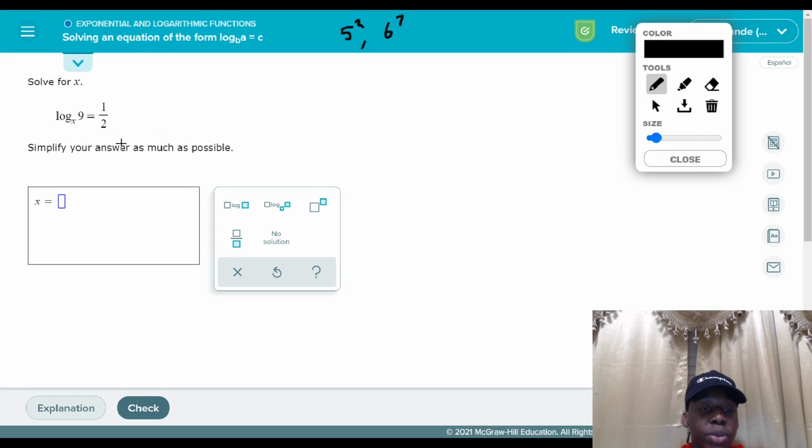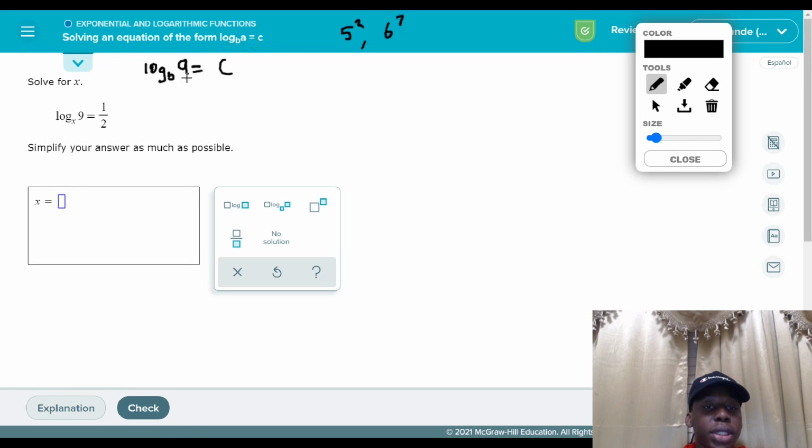Basically, we're going to use the exponential function based on logarithm functions to solve this question. So this is log x 9 equals 1 over 2. When you're solving this, let me put this: this is log b a equals c. I just copied what it was here.